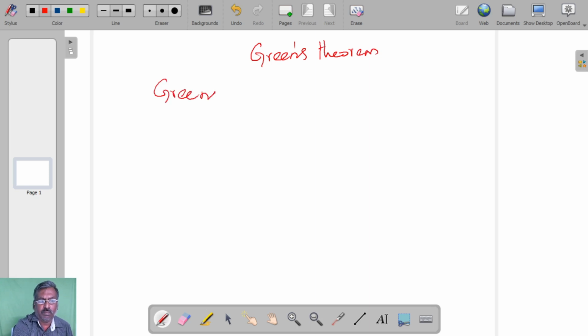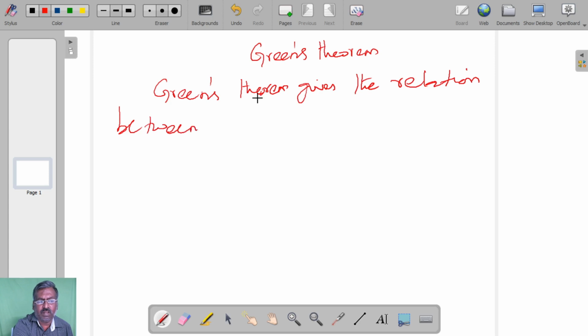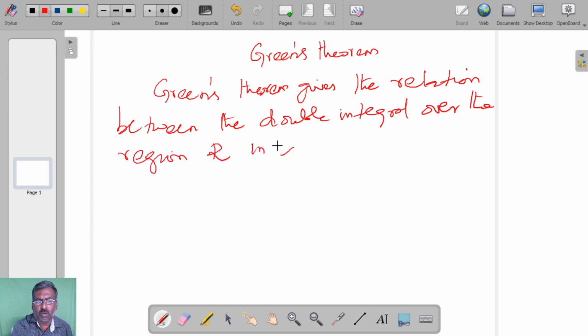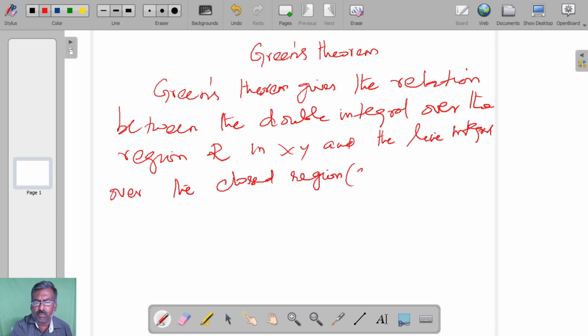Green's theorem gives the relation between the double integral over the region R in xy plane and the line integral over the closed curve C, which includes R.